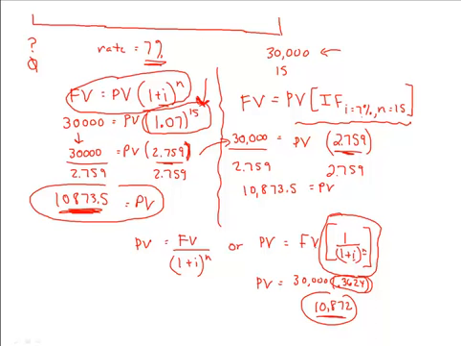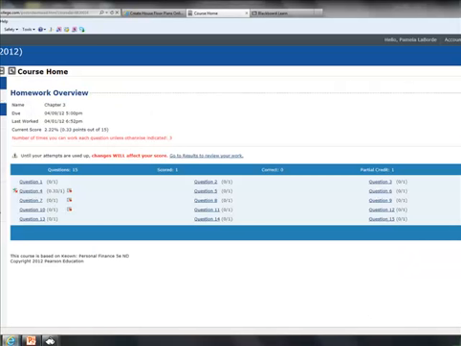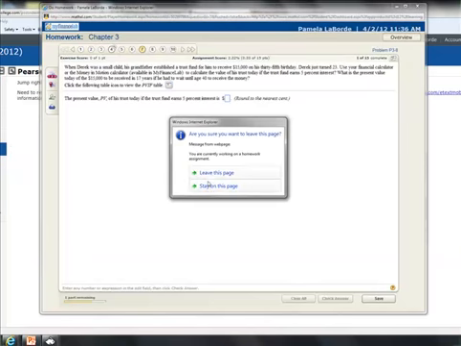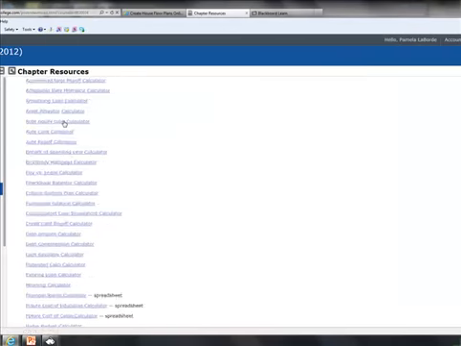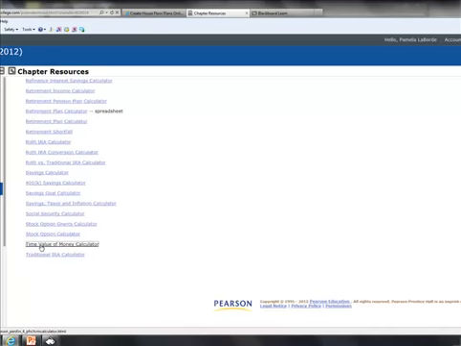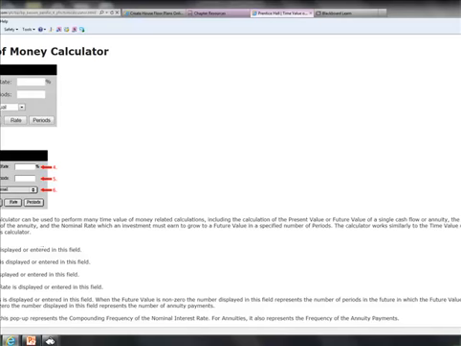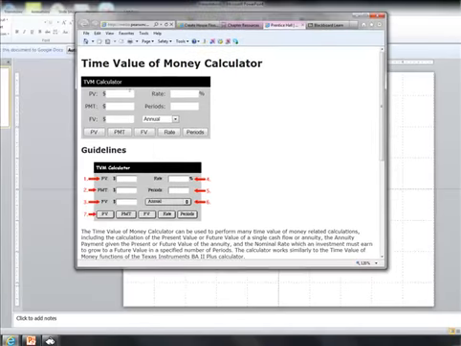Now I can also do this on a financial calculator. So if I go over to the e-text, I go over to Chapter Resources, and then the Interactive Financial Calculator, scroll down to the bottom, or the second entry from the bottom to my time value of money calculator, and then input the rate is 7, and the number of time periods is 15.